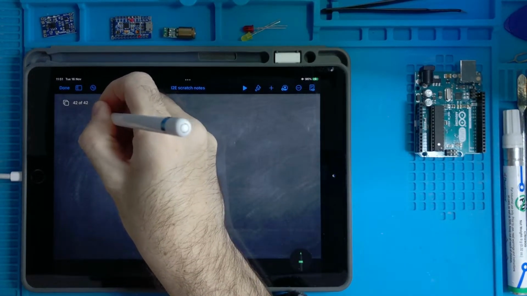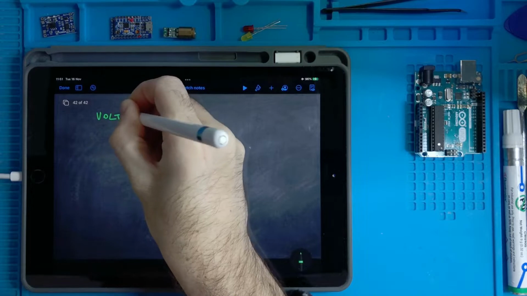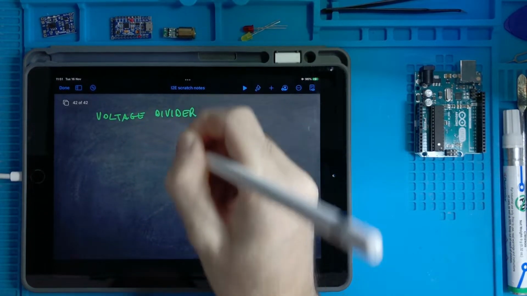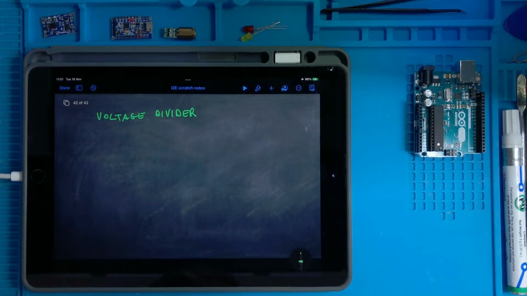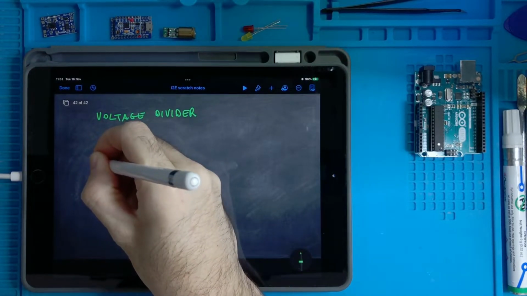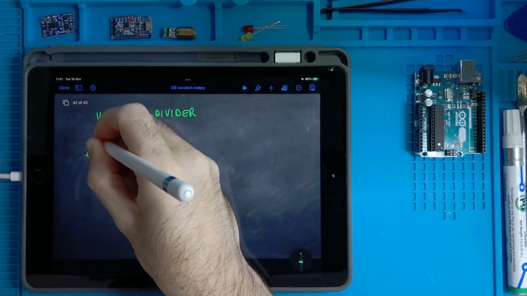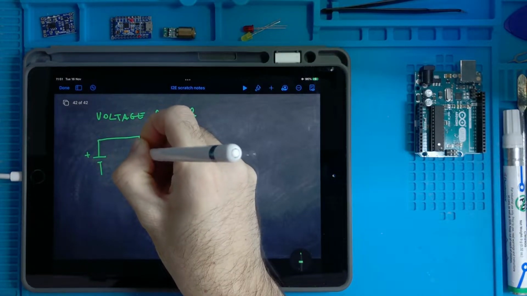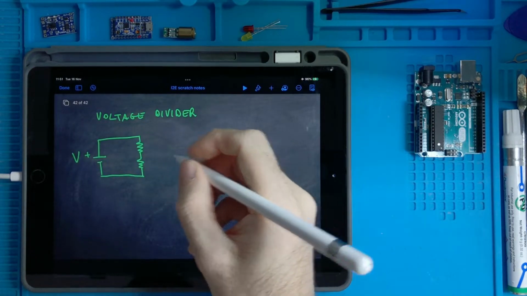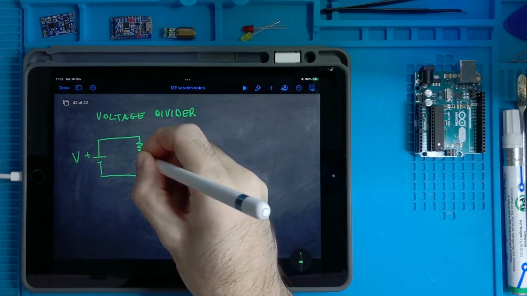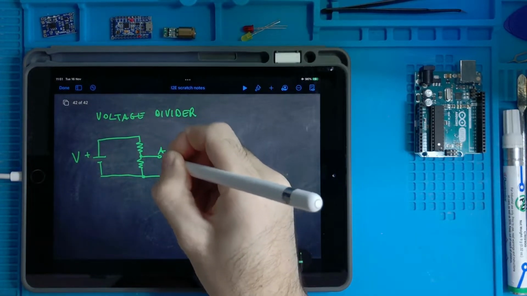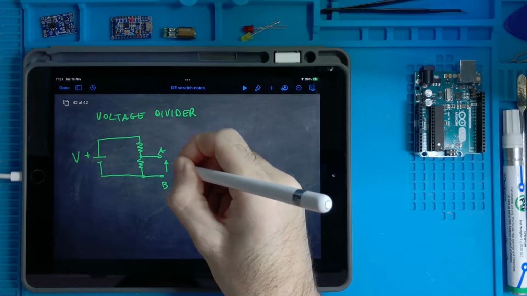So now we study the voltage divider. The voltage divider is a circuit where we have a battery, one resistor, and another resistor like this, and we want to be able to calculate the voltage between these two nodes A and B.